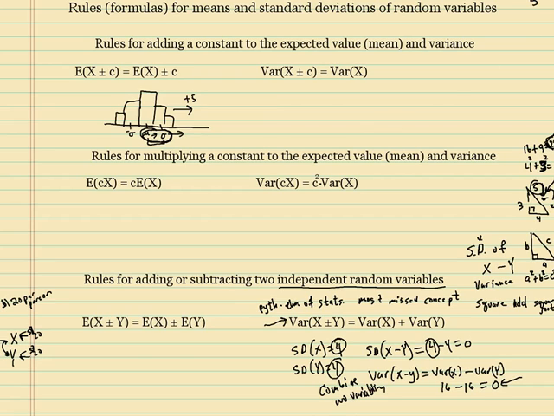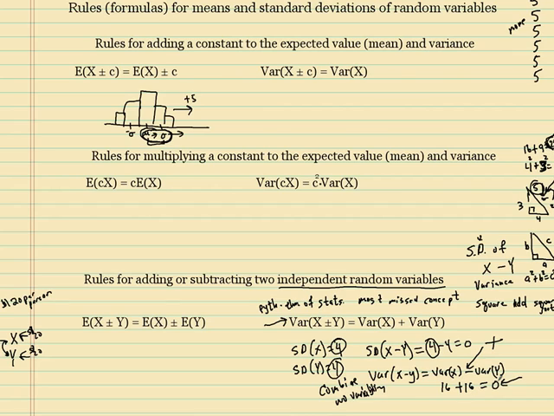So if I said 5, 5, 5, I took a sample of 1, 2, 3, 4, 5, 6 people, and they all came out to be 5, how much variability is there? There's none, because everybody was 5. But if you're taking a bunch of x's and combining them with a bunch of y's, everything's not going to be the same. That's why this needs to be a plus sign.